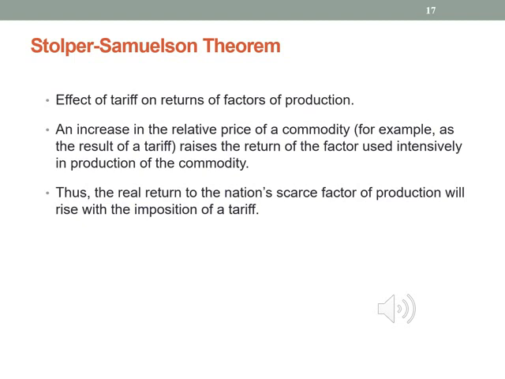This theorem states that an increase in the relative price of a commodity, for example, due to imposing a tariff on this commodity, raises the returns or earnings of the factors of production that is used intensively in the production of that commodity, which is probably the scarce factor of production in that country. Thus, the real return to the nation's scarce factor of production will increase with the imposition of the tariff.